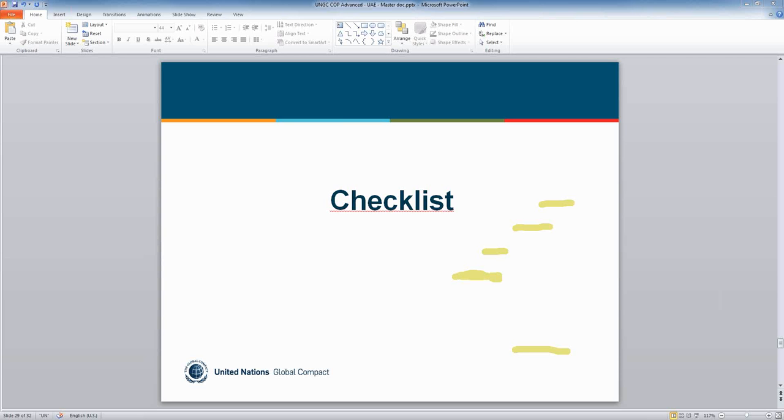Now, when you mentioned ISO, I remembered one very important part that I didn't mention before. Many companies around the world and also in the MENA region are using other reporting guidelines to create their reports. For example, they use GRI, the Global Reporting Initiative, who very recently came out with their G4 guidelines.